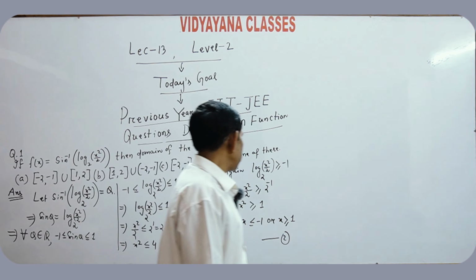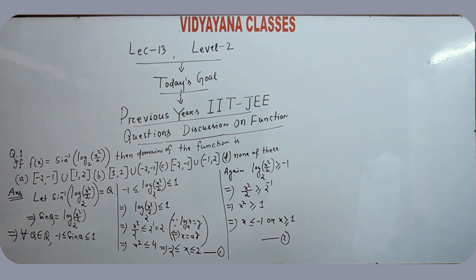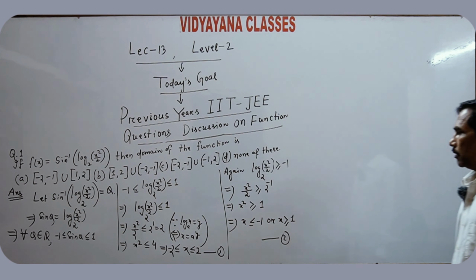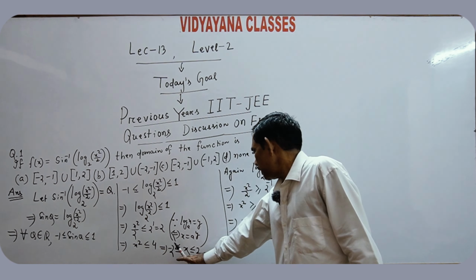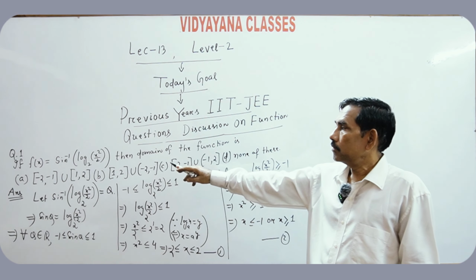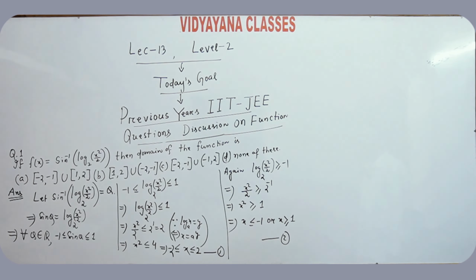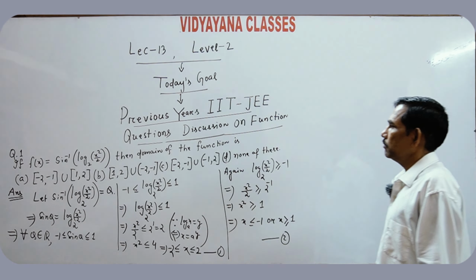We have to find out the domain of the function f(x) is equal to sin inverse log x squared by 2 with base 2. The common region of this set and this set represents the domain of the inverse trigonometric function.